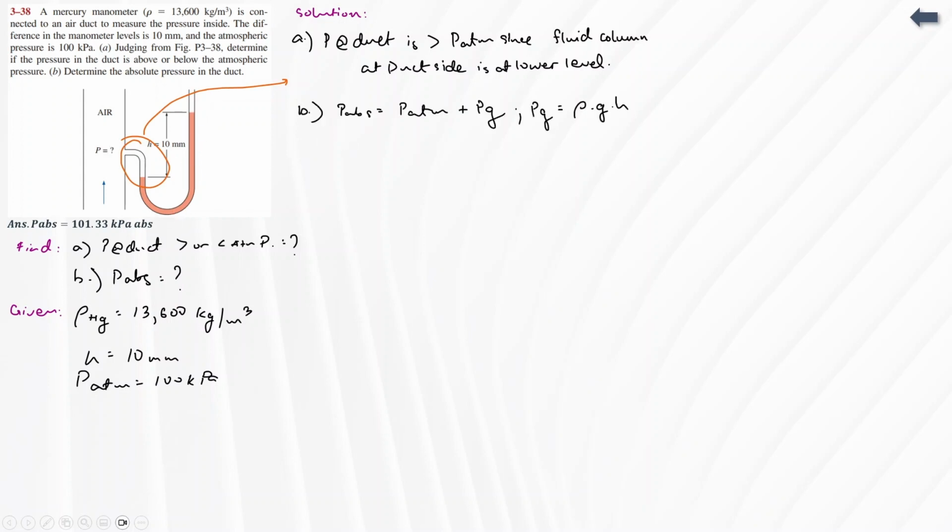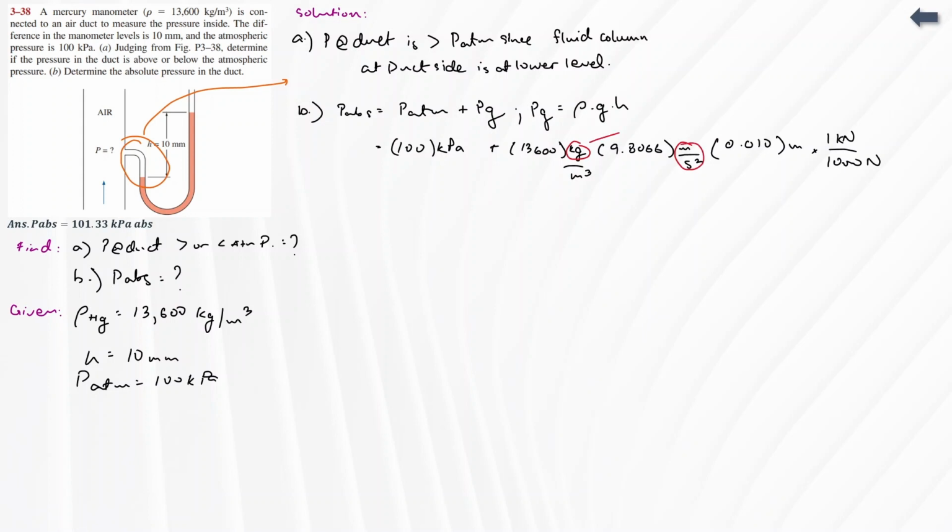To get B, if you recall, P absolute is atmospheric pressure plus the gauge pressure. We're given already the atmospheric pressure, so all we need to do now is identify the gauge pressure. And gauge pressure can also be expressed in terms of density times g times h. Since we have the density of mercury, we also have the height difference, and we assume the acceleration due to gravity is 9.8066 meters per second squared.